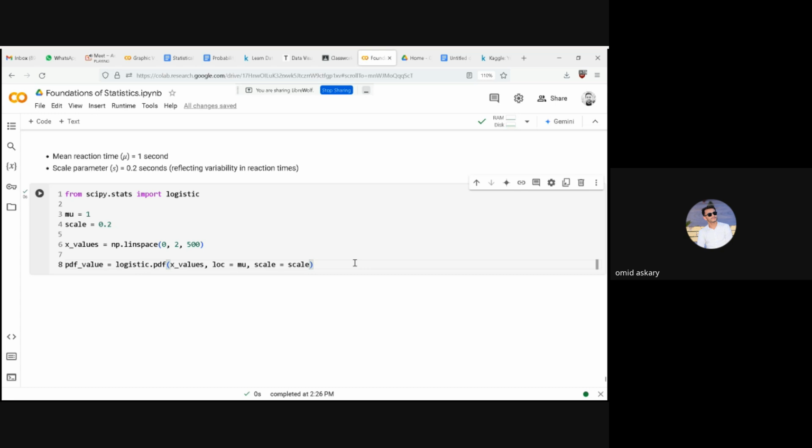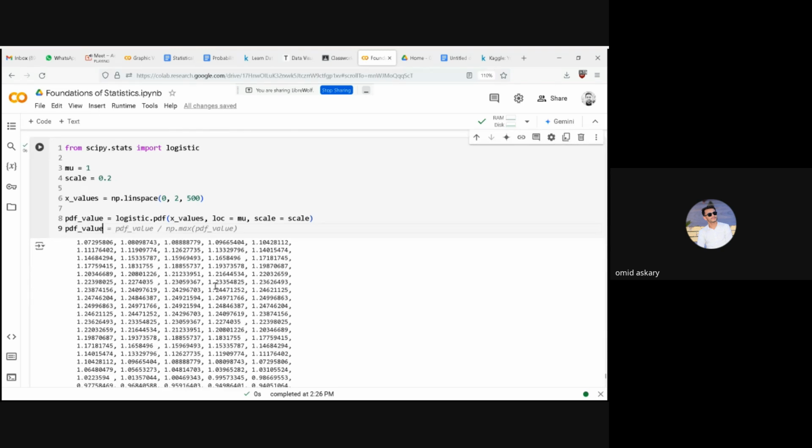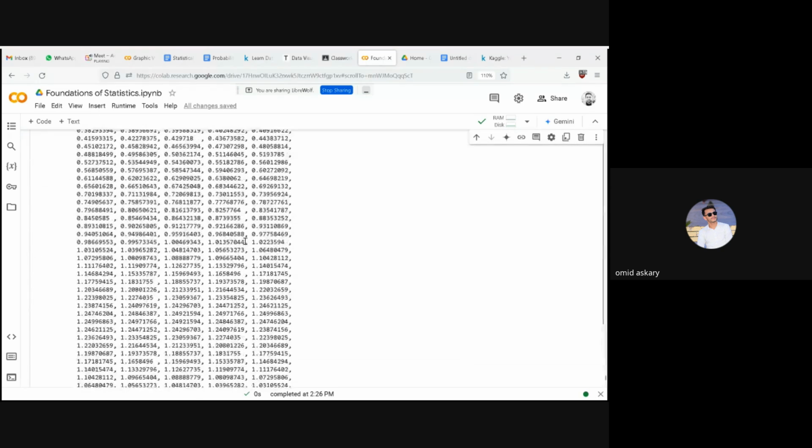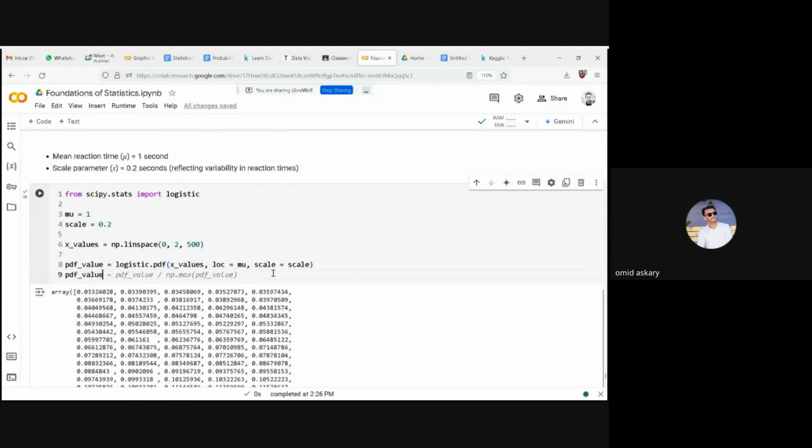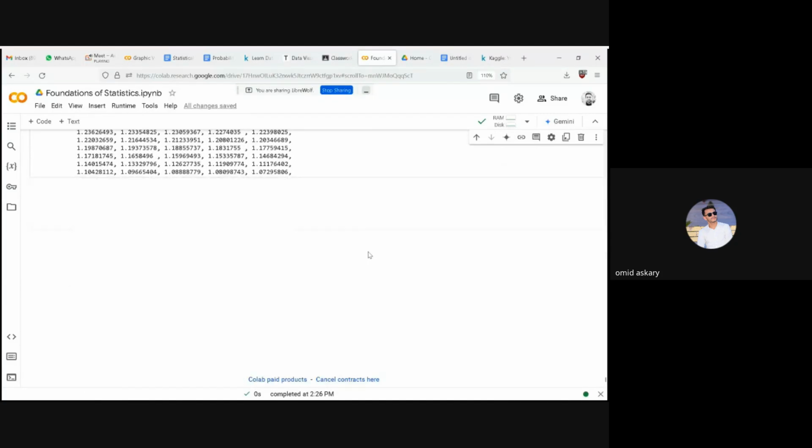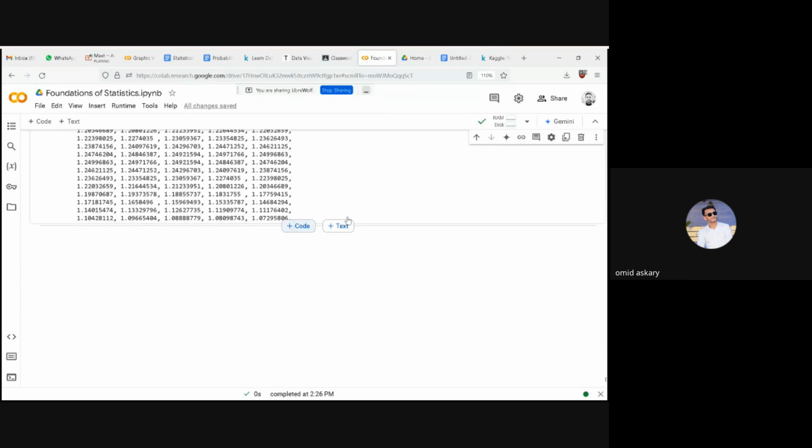So this is the PDF value. What does this PDF value actually mean? This is an array of these different reaction PDF values, so it is a huge matrix right now. Let's visualize this, and you will see how it works.